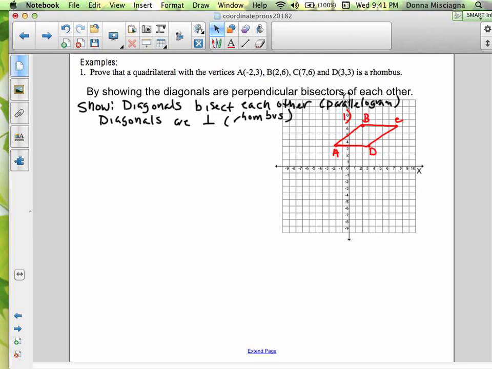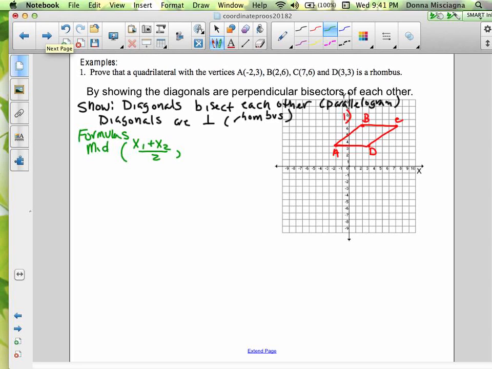All right, so what formulas do we need? To show that the diagonals bisect each other, that's the midpoint formula. We have to show they have the same midpoint. So midpoint, we add the x-coordinates, divide by 2, that gives us the x-coordinate of the midpoint, and add the y-coordinates, divide by 2, that gives us the y-coordinate of the midpoint.